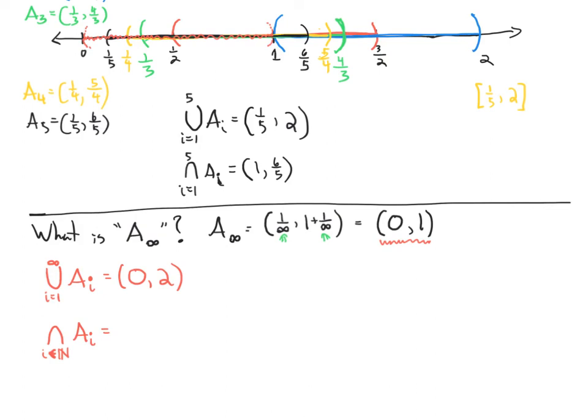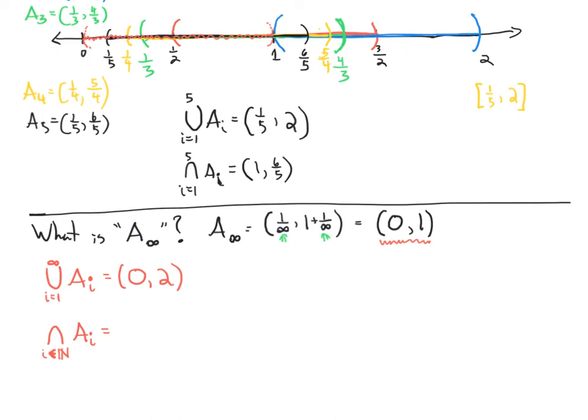Okay, now that you're back, well, if we think about it, we're going to go almost the opposite way. So let's think about what we have already, the overlap of all sets from 1 to 5. That's these guys here. As we keep going, A6 would take us right to 7/6 and then 8/7 for A7, and we keep going all the way, and we get closer and closer to 1.